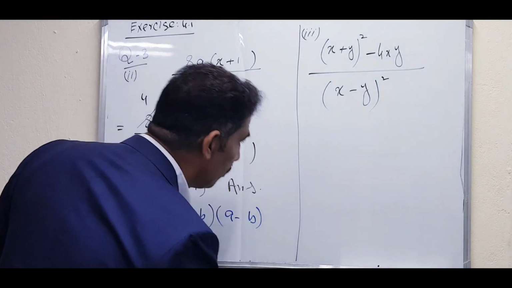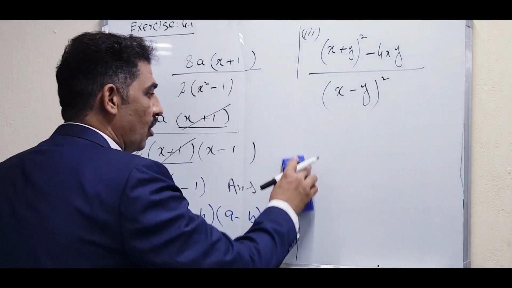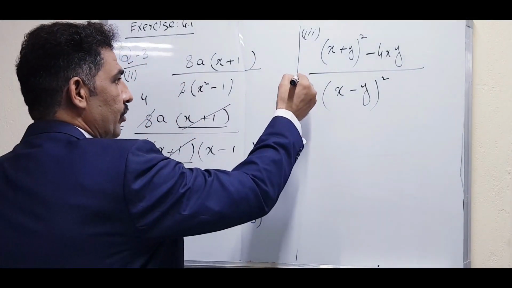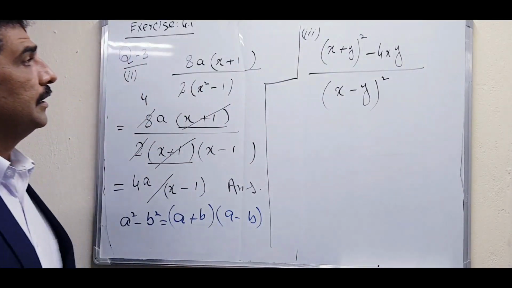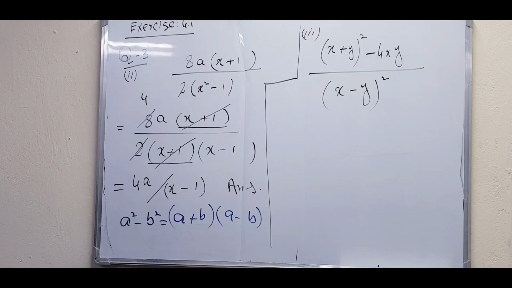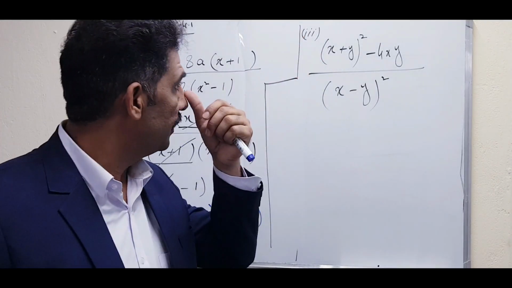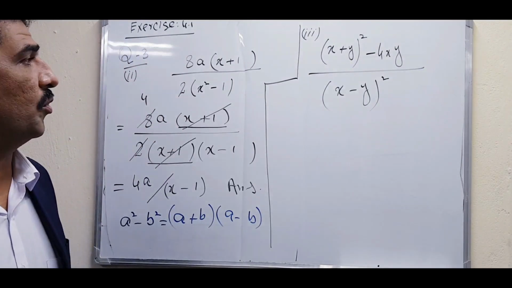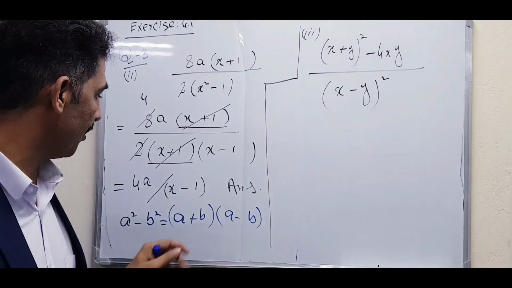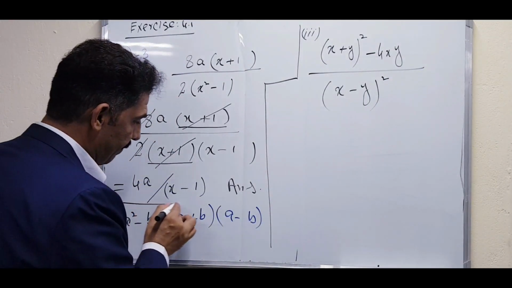Now come to the third part. To solve its third part also on the same board. What should we apply? This is x plus y, 4x square. This formula is also not possible to apply here.